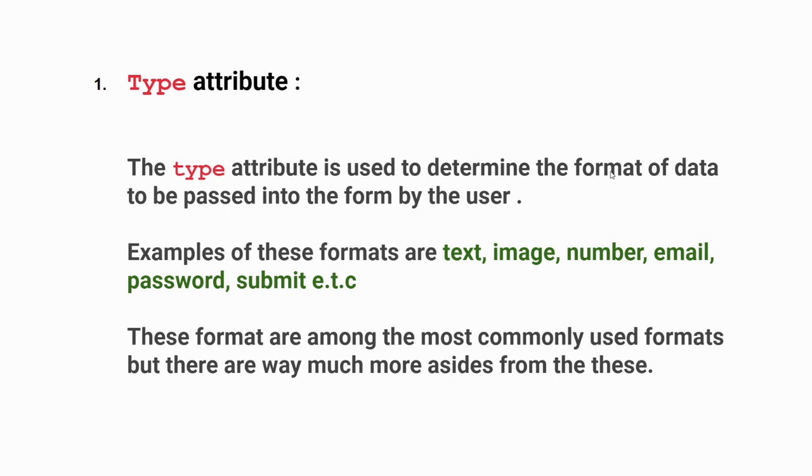Yes, so that particular section of that form that you use when you are making transactions online uses the number data format under the type attribute, because if you try to put in any word or any alphabet, it's going to get rejected because it has been determined already that the format of that data is meant to be a number.